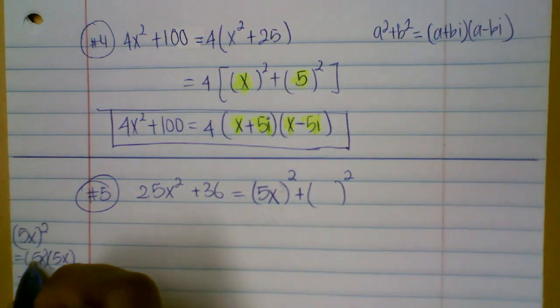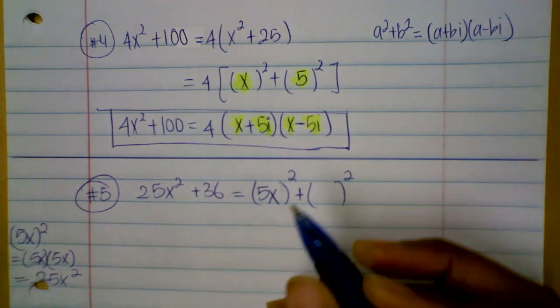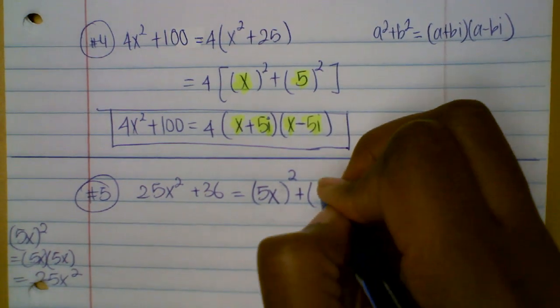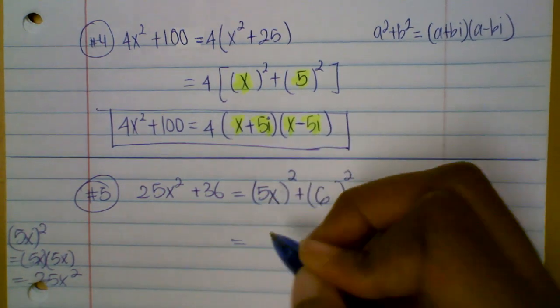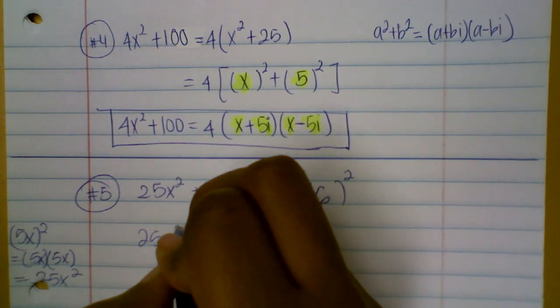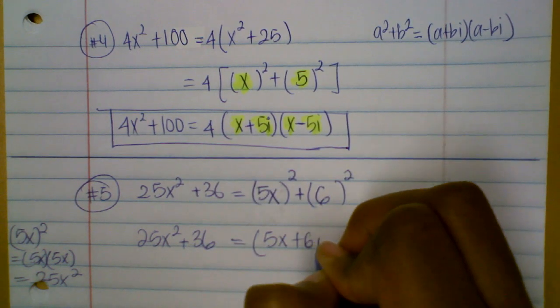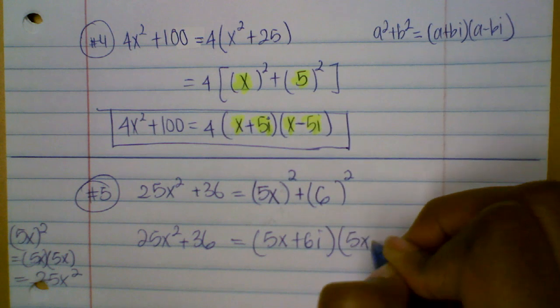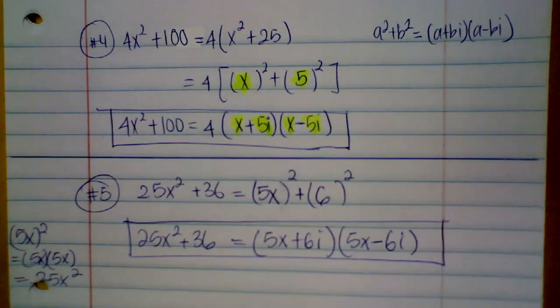So 5 times 5 is 25, and x times x is x squared. And then here it's going to be just 6 because 6 squared is 36. Then the factored form is 25x squared plus 36 equals 5x plus 6i times 5x minus 6i. And that's the final factored form.